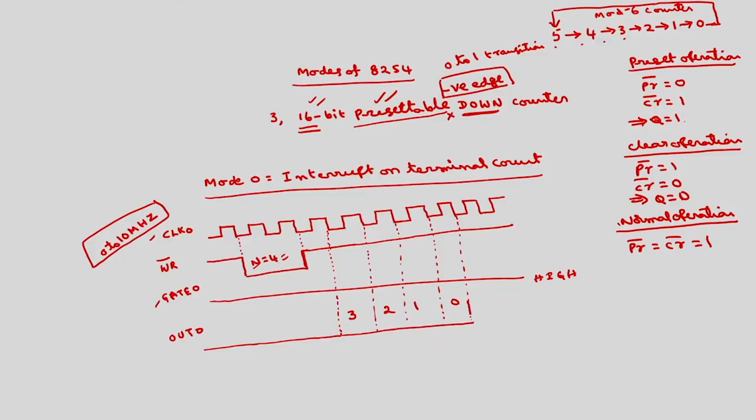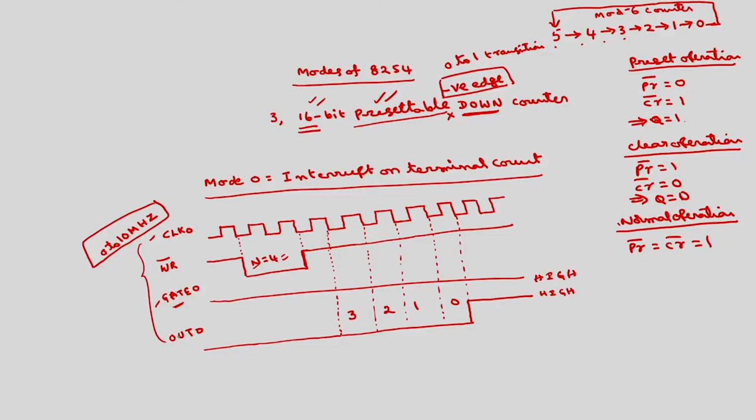Once the count is over, out goes to high. As long as gate is high, out remains high. If I make gate low again, you have to load a new value into the counter. N is equal to 4, you have to load into counter 0 here.